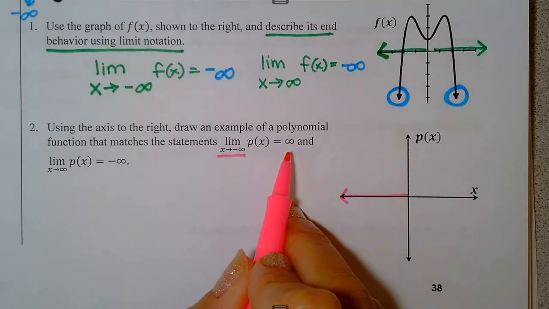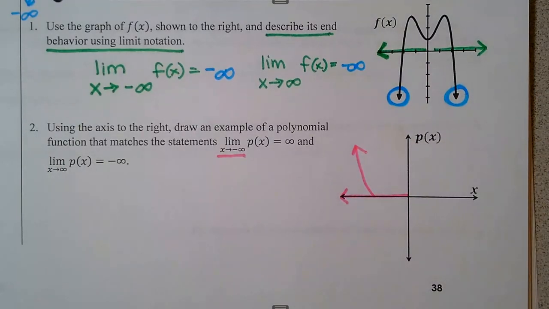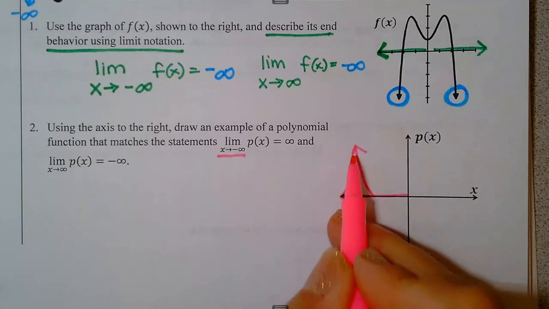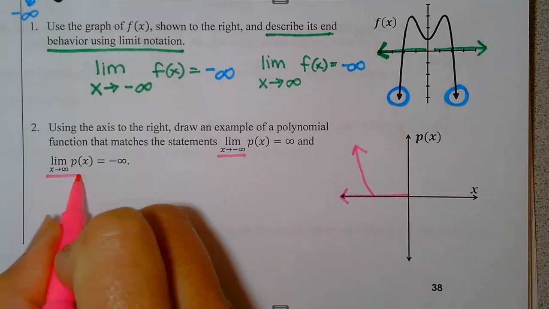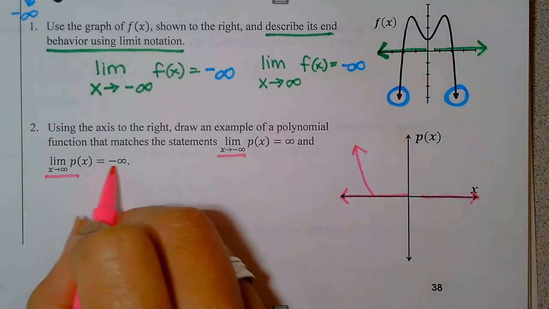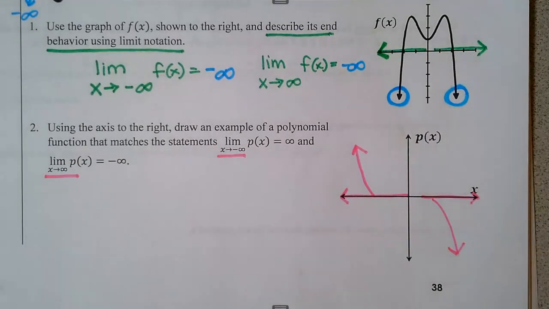Do you see that? So that means my function is going up. That's essentially all it's saying, that my function is going to positive infinity. And then this one, as x goes to infinity, my function is going down to negative infinity.